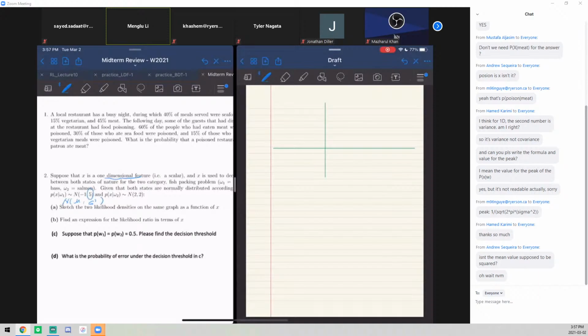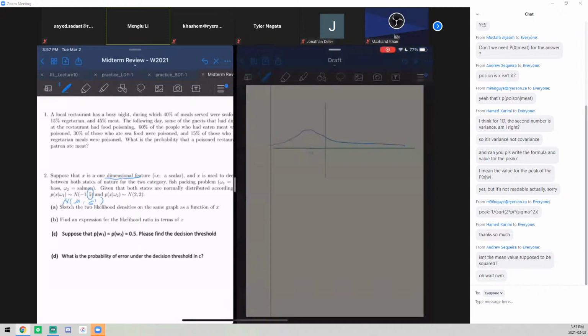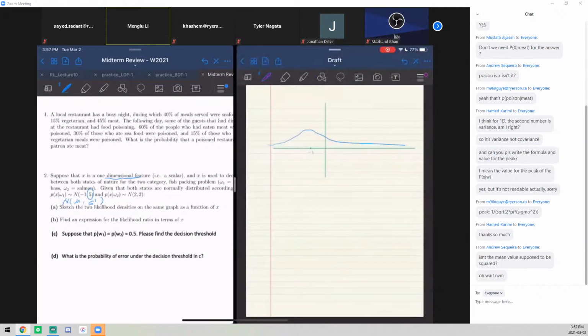For the first class, the mean is -1. For the second class, the mean is 2.